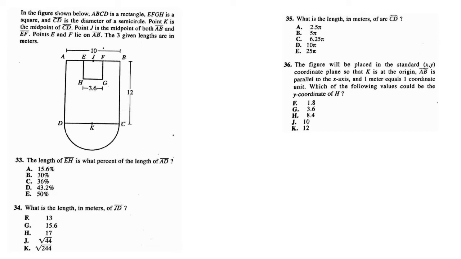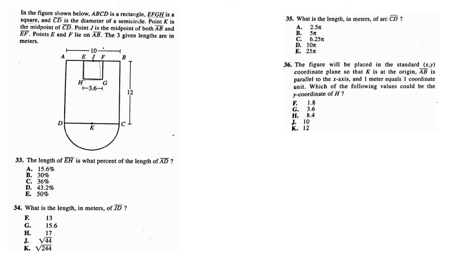The length of EH is what percent of length AD? Okay, so let's look and see the length of EH. What is the length of EH? Well, let's see. It tells us that EFGH is a square.